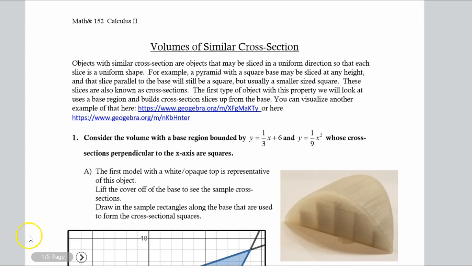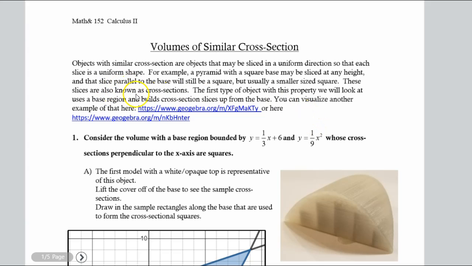So one thing that you can take a look at is like a pyramid, which can be sliced at any height, and usually those will be a square if you're thinking of the pyramids in Egypt. But it's a bigger square at the bottom, a smaller square at the top if you do horizontal slices.